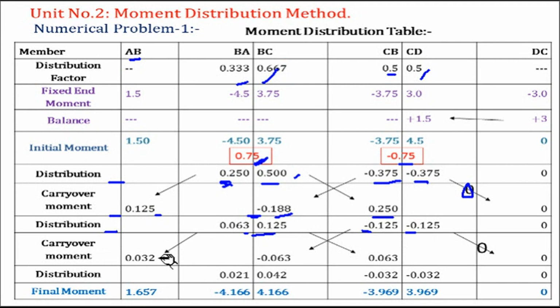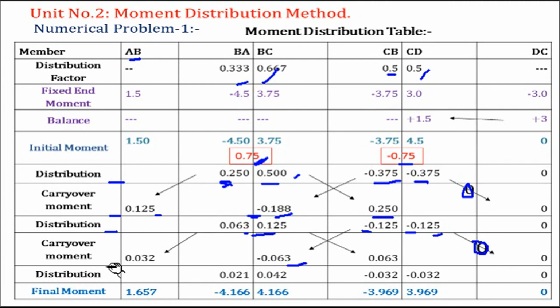So half you have to carry at far end because far end is fixed. So half is 0.032. Again 0.125 you have to carry to far end. Half is plus 0.063. Half again you have to carry at far end. CB moment is minus 0.125. Half is minus 0.063. No carryover for 0.125 because end is simply supported.